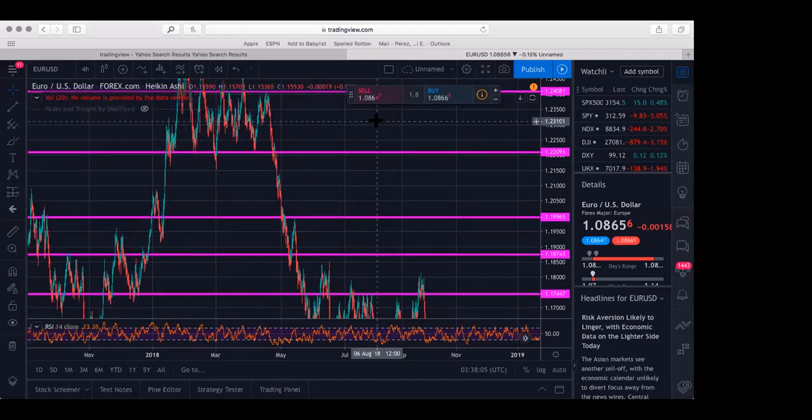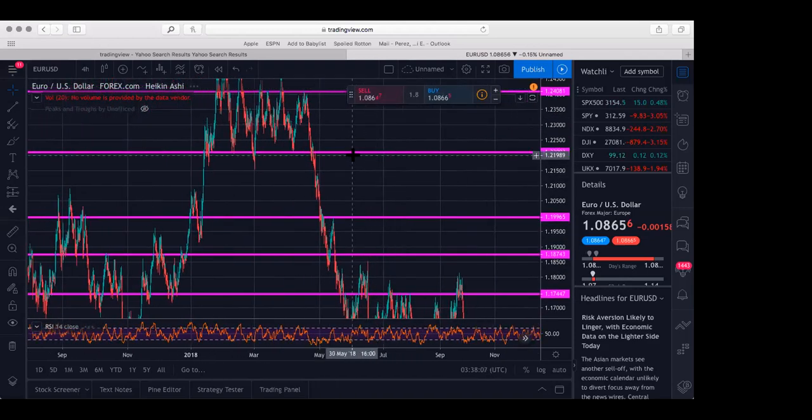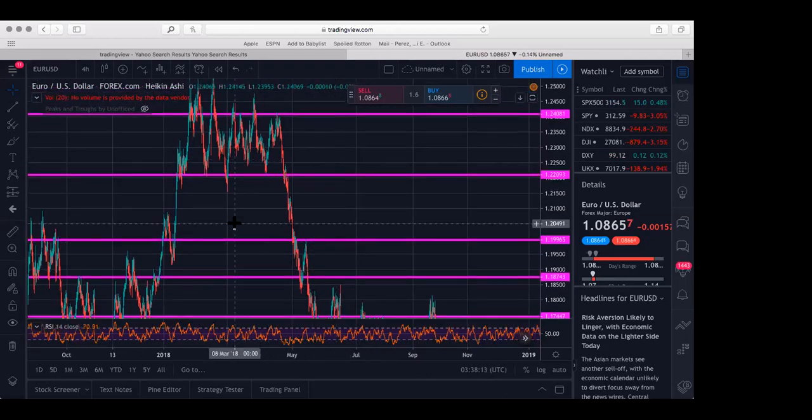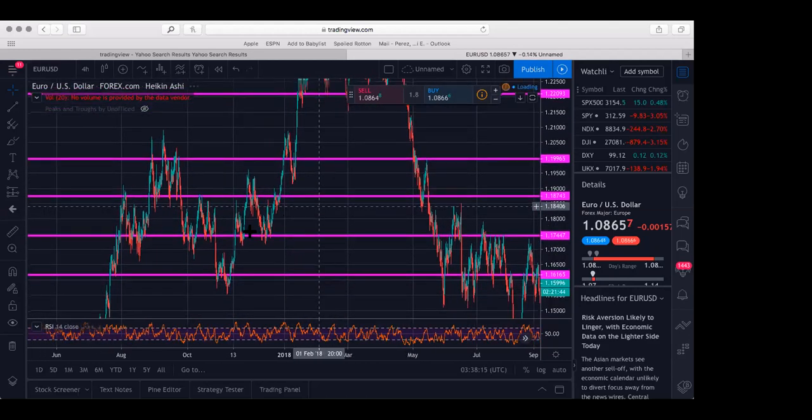You can just literally go through your chart and mark it up. See right here where price was kind of bouncing around. You just have these areas where you can say, all right, price is probably going to go down here and bounce off and then go test the next one. If it breaks through, it's going to go test the next one.